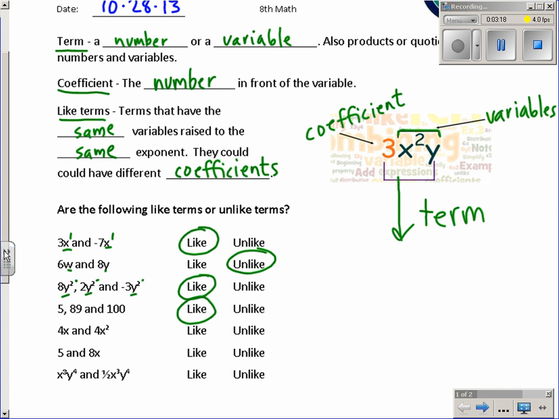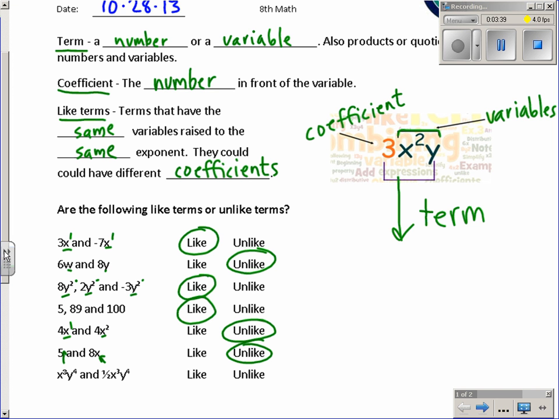4x and 4x squared, they both have the same variable, but those variables do not have the same exponents, so those would be unlike. Here we have 5 and 8x. We have no variable here, and we have one here, so those are unlike.